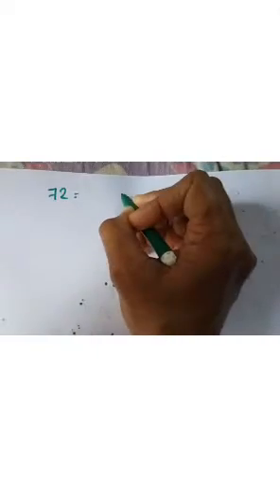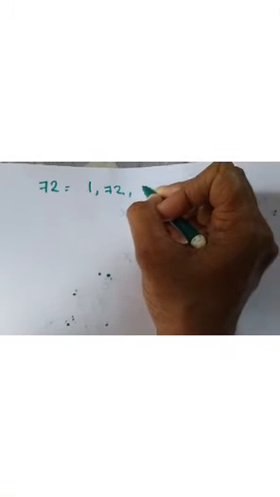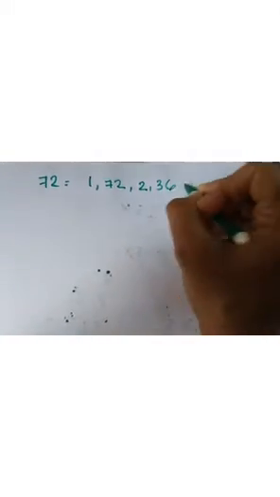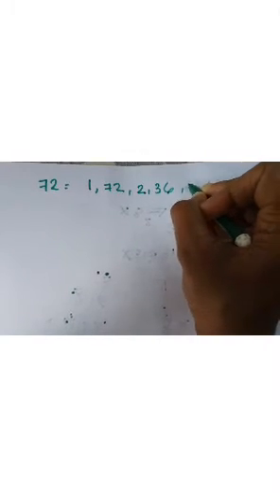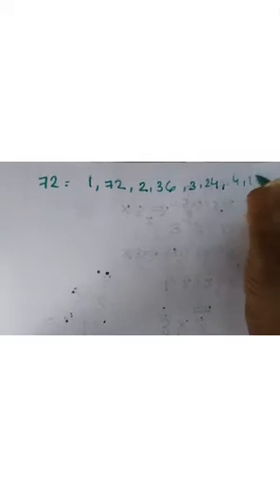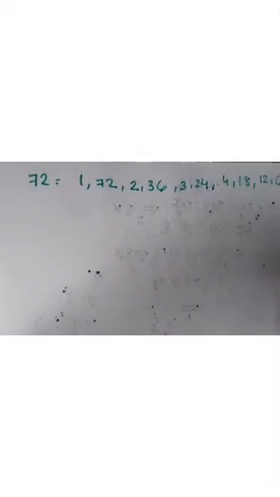Next, finding factors of 72. Okay, 1 and 72 are factors. Next factors are 2 and 36. Next, 3 and 24. 4 and 18. 12 and 6. These are the factors of 72.